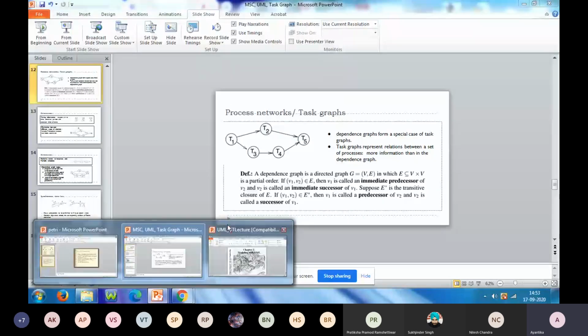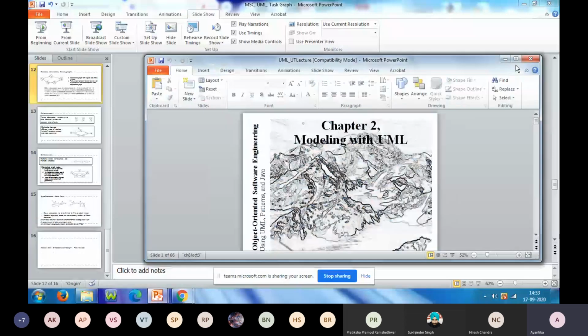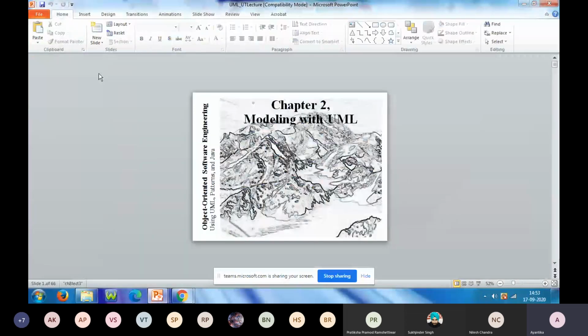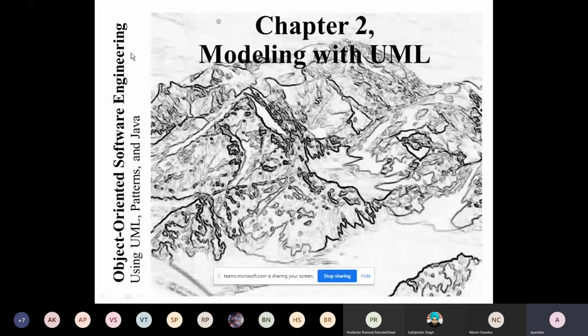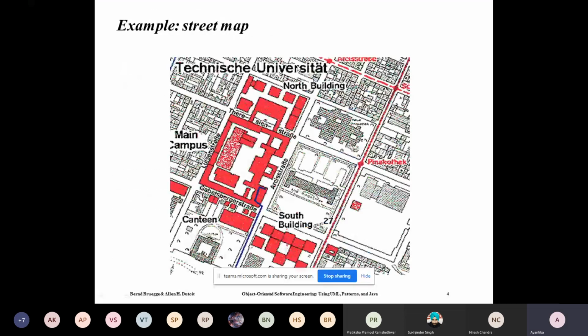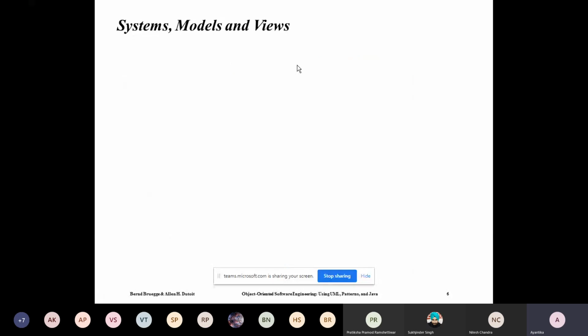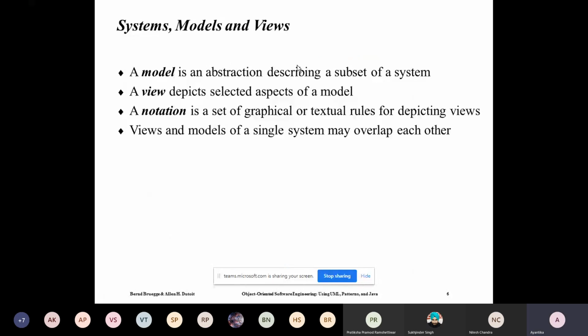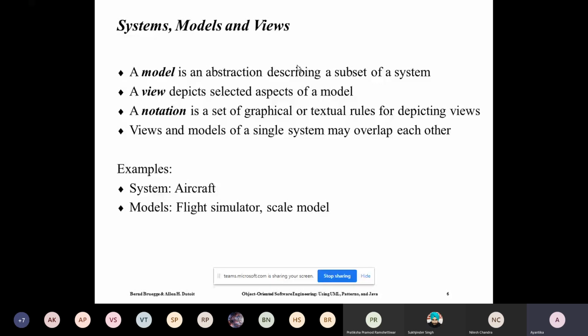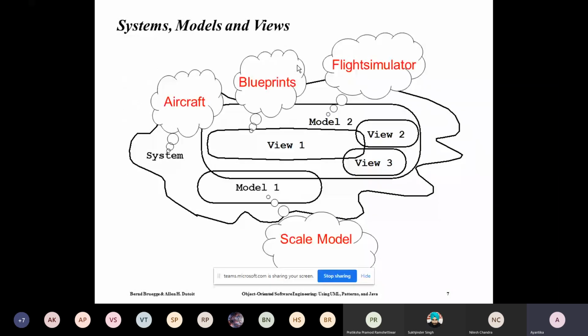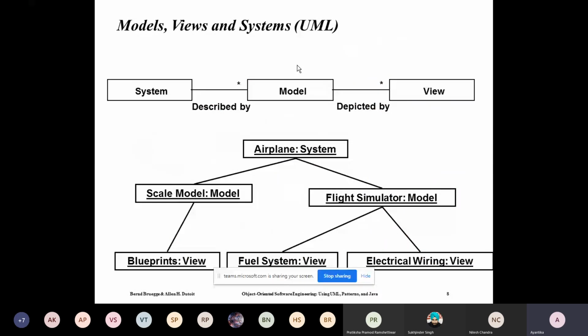One thing I want to show: I will upload these slides in your Drive folder. I'm not going to discuss this in the class, but if you are interested, you can go through the slides. It is important to understand UML modeling and the UML versions. These are the different models and views of UML.